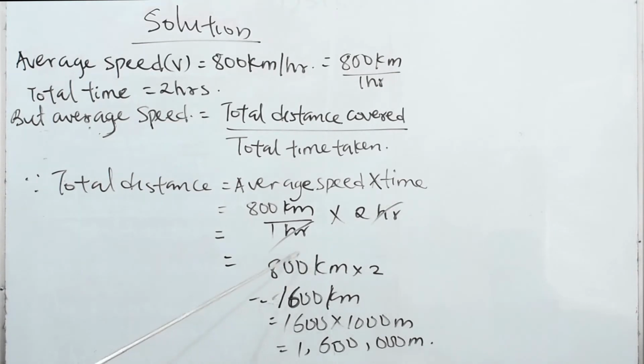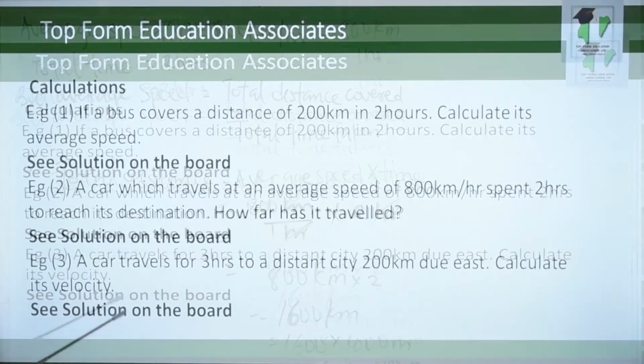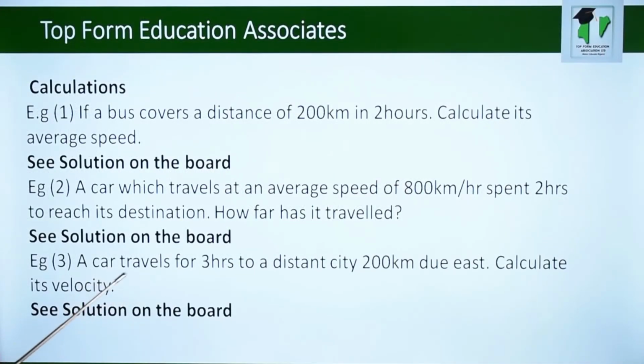Hour cancels hour, so we have 800 kilometers times 2, which gives you 1,600 kilometers. To convert from kilometers to meters, we multiply by 1,000. So 1,600 times 1,000 gives you 1,600,000 meters.